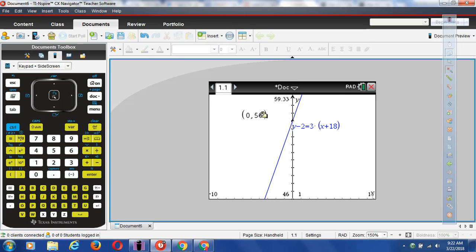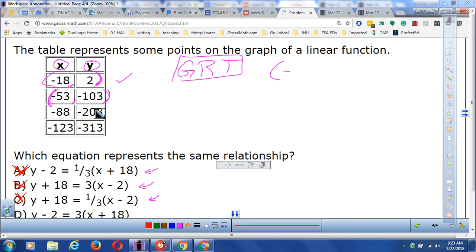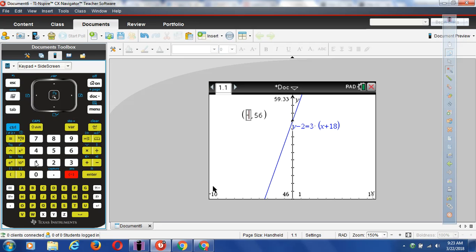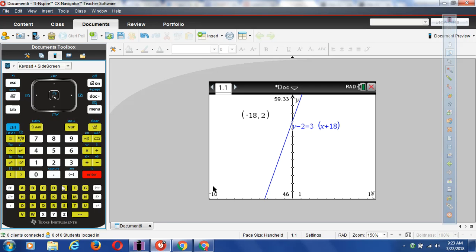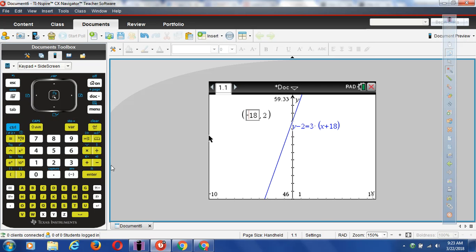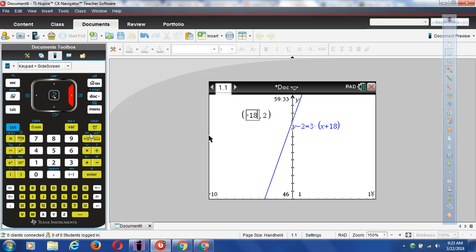Takes me up there. Go over here, put in my x. Negative 18. I see a 2. Okay? Negative 53. I see negative 103. It's starting to look good.